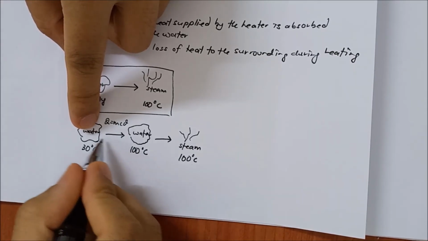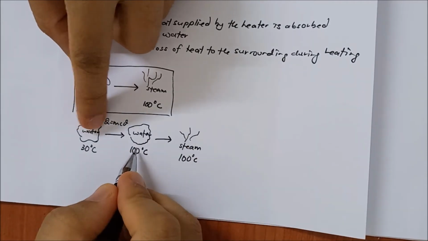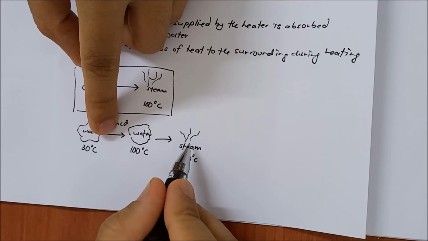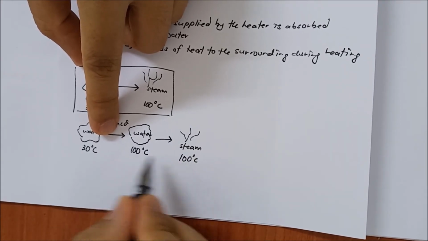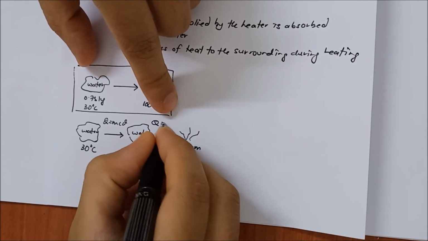So there is a change in temperature but not the physical state. Here we have the change in physical state but at constant temperature. Here we have latent heat, right? So Q is equal to ml.